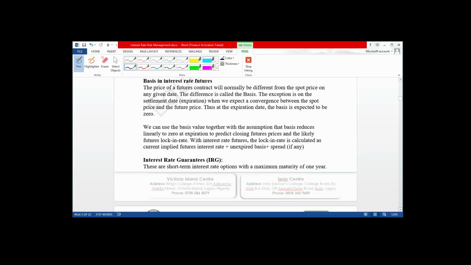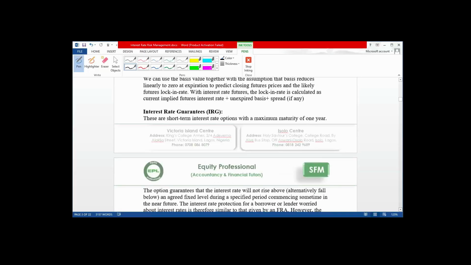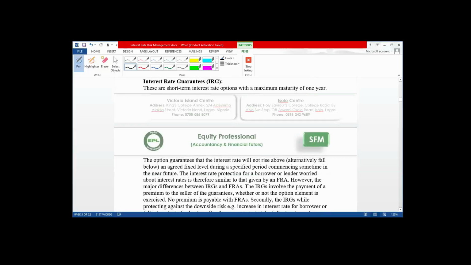The option guarantees that interest rates will not rise above a certain level.